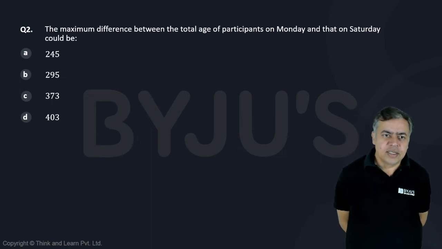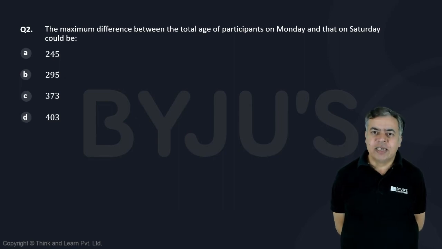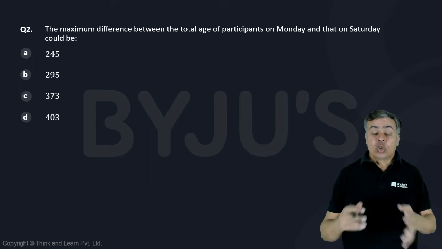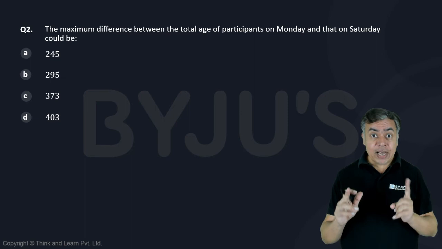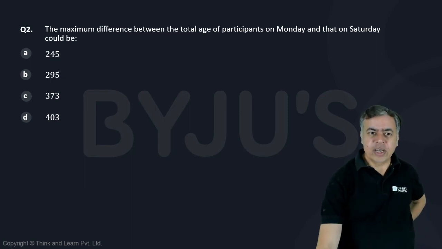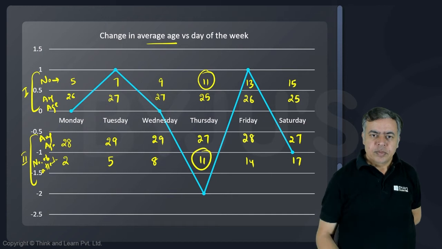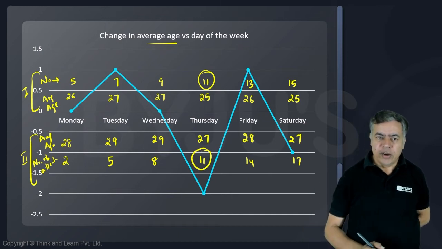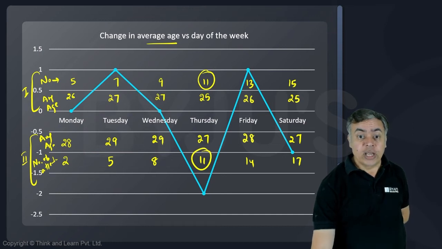the maximum difference between the total age of participants on Monday and that on Saturday, right? So I want maximum difference on Monday and Saturday. Let's see what can be the maximum difference between the total age. Here maximum difference we are talking about in the total age.